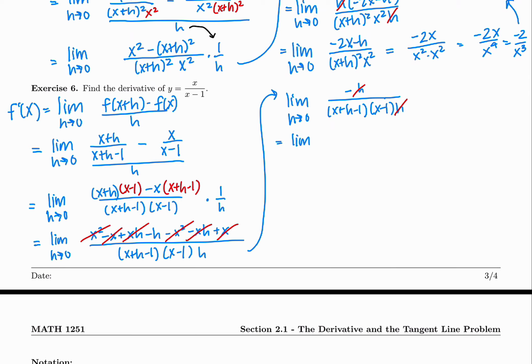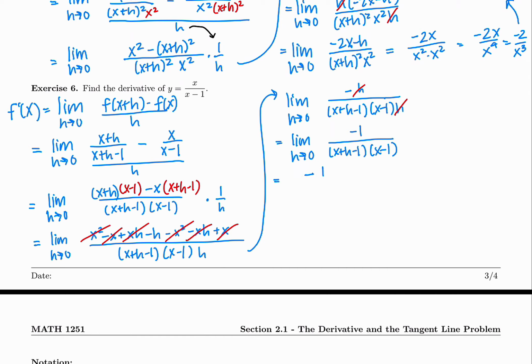So this is going to be the limit as h approaches 0. I have negative 1 left on top, x plus h minus 1 times x minus 1 on the bottom. Oh, hold on, sorry, I'm just recopying things without paying attention to what I'm doing. I don't have to write that anymore, because what am I doing? Now I'm plugging in. I've got those h's to cancel, so I can let h go to 0.